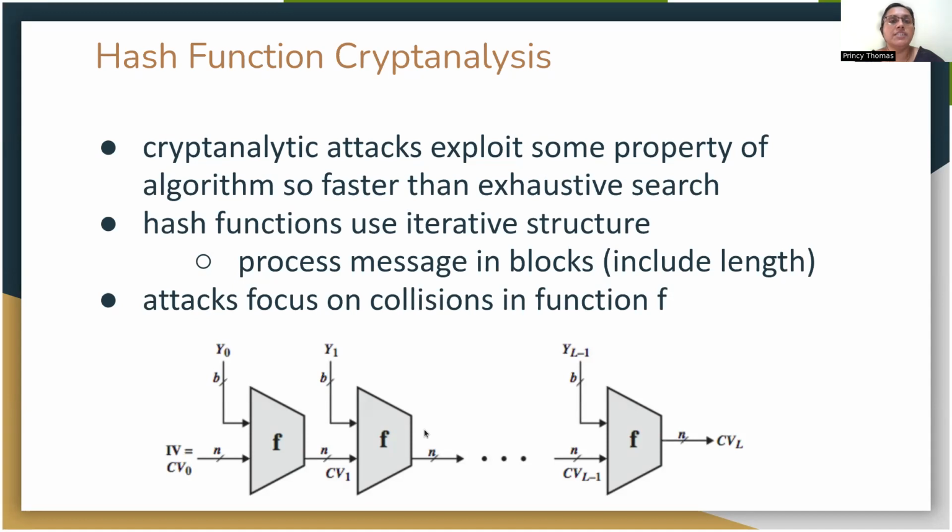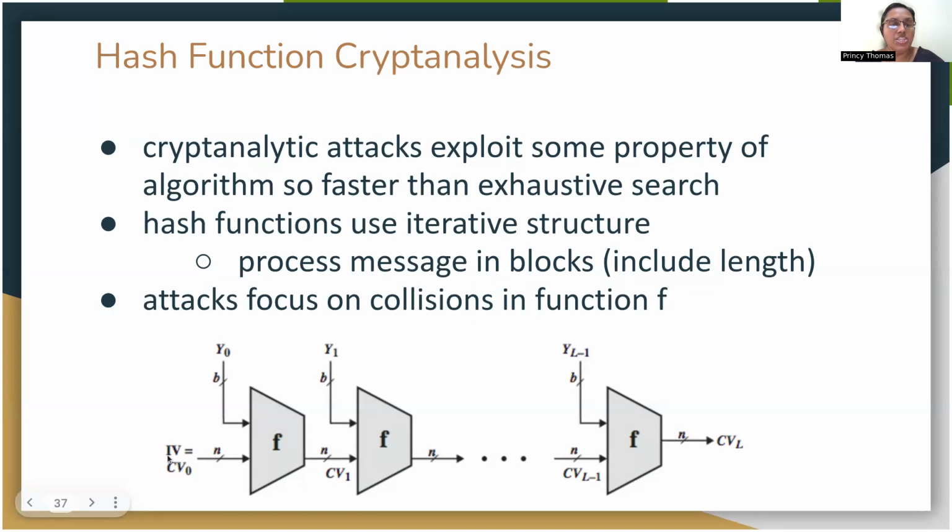Hash function cryptanalysis. The cryptanalytic attack exploits the properties of the algorithm or the structure. The hash function uses an iterative structure, so it processes messages in blocks, depending on how many blocks there are. If there are L blocks, then the hash function is applied L times.